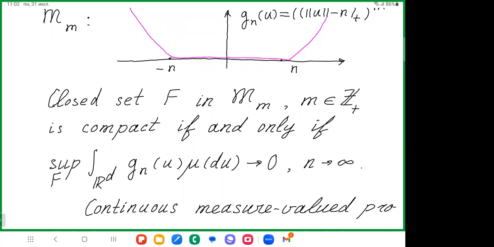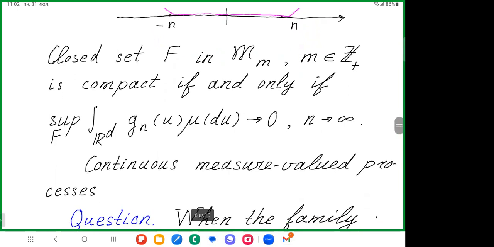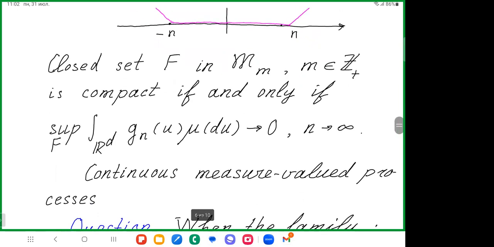And we will use this general principle to discuss the compactness of continuous measure-valued processes.